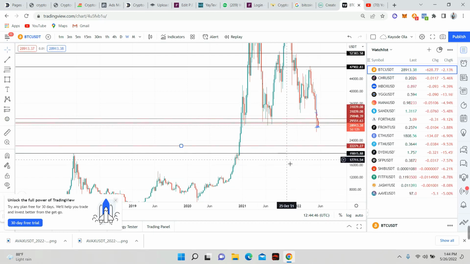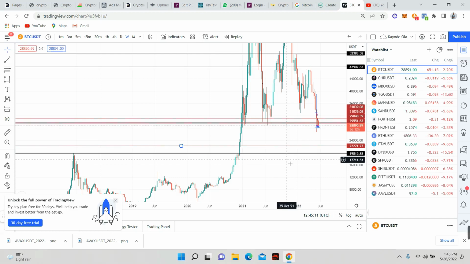But as a swing trader, you need to plan for what if. I have this strategy of mine, and I've taught my students that strategy too: don't ever think that the market will go in your direction, even though you know all the technical analysis. Even if you're a fundamental guru or a technical guru, you still have it at the back of your mind: what if this trade goes against me?